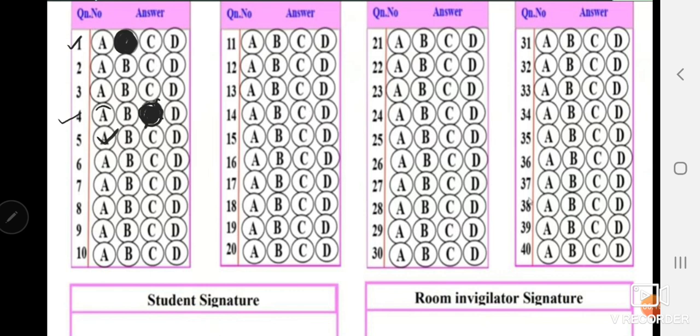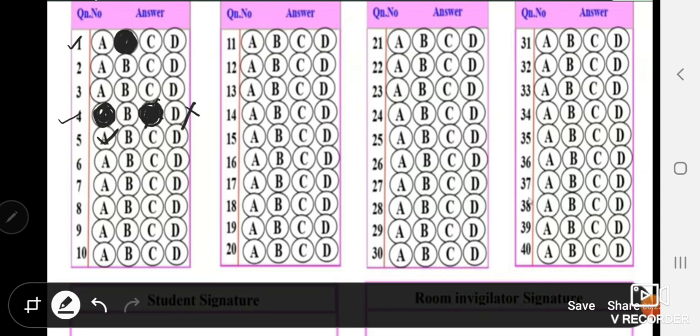And if you mark one more answer for the same question, it cannot be accepted by the computer evaluation. For this reason, read the questions carefully and find out the answer. Only after verification should you fill in the answer. For one question, only one answer is enough. If you fill in more than one answer, the evaluation cannot be done for that particular question.